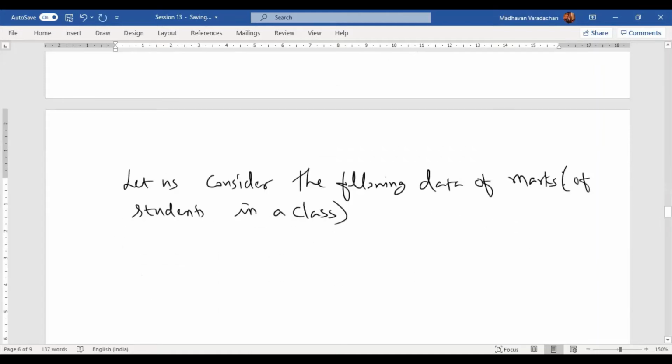Let us consider some 24 students are there in a class, and I'm capturing the data about their marks scored in a particular subject.